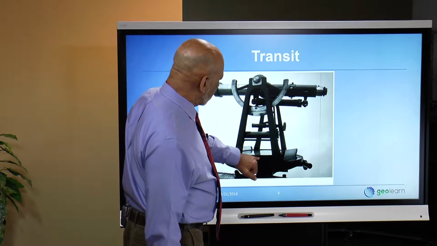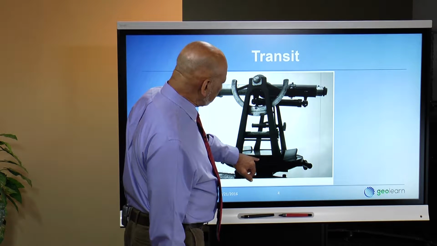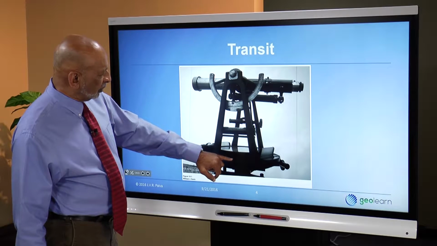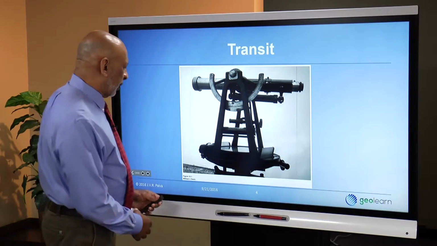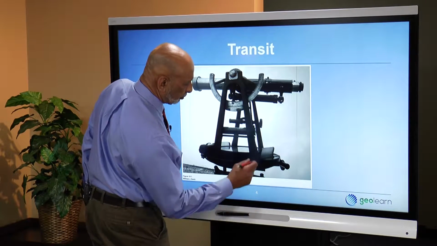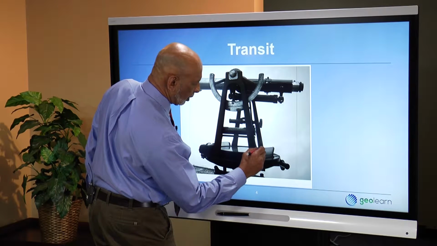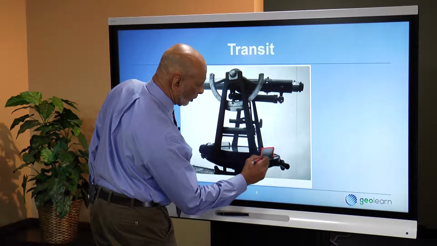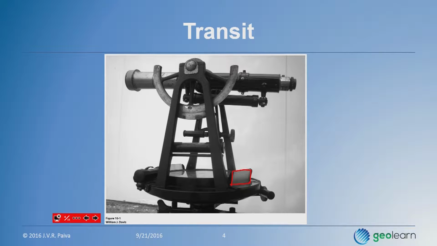There is a horizontal circle. So kind of looking at the edge view, and you see these things that look like plates. They're actually frosted glass to allow light to come through, but cutting any direct light, such as sunlight, that might fall on the viewing window.